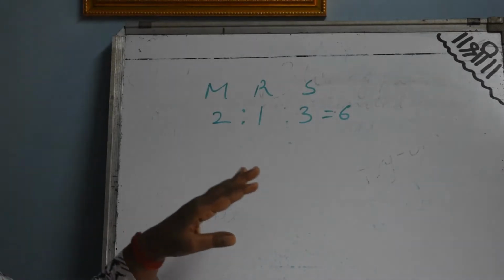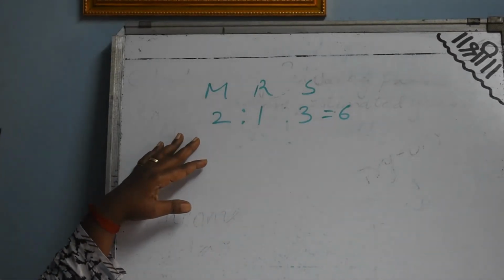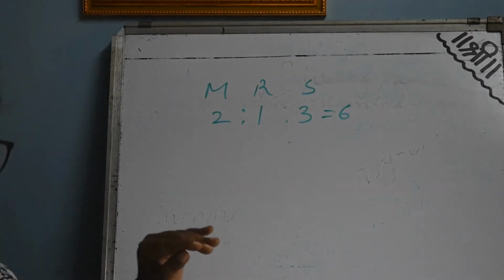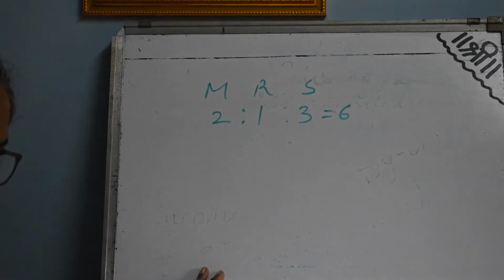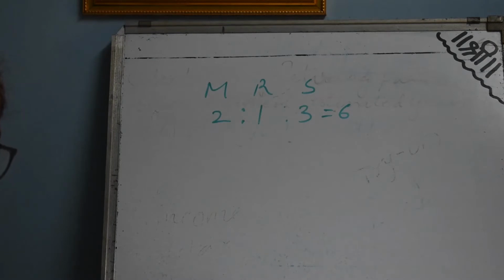That is the sixth problem. M, R and S were partners sharing profit and losses in the ratio of 2:1:3, and their balance sheet is as follows. Then on 30th June 2017, S retired and the following adjustments were made.